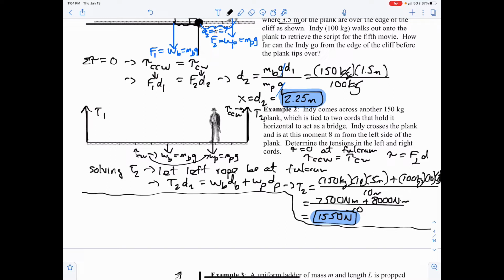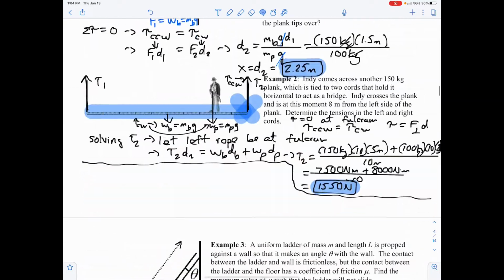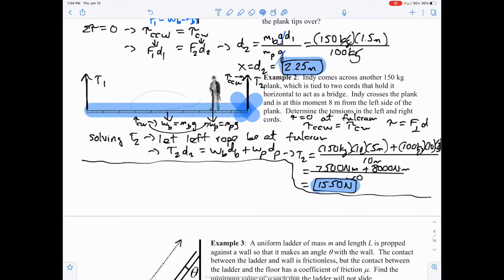And now what would happen? This would be our plank, right? This is our point of rotation, and you can see that the weight of the board would cause counterclockwise rotation. You can see the weight of Indy would cause counterclockwise rotation.